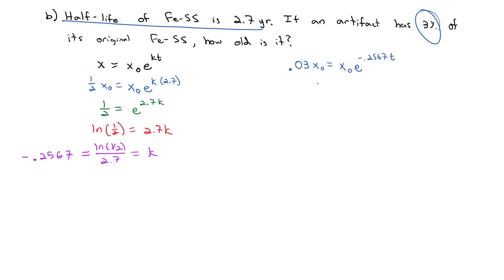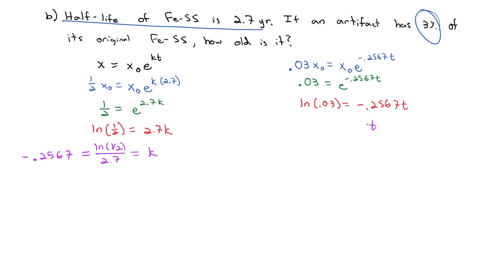And we can go back and solve it exactly the same way, dividing by the x naught. Then taking the natural log of both sides, we get the natural log of 0.03 equals negative 0.2567t.